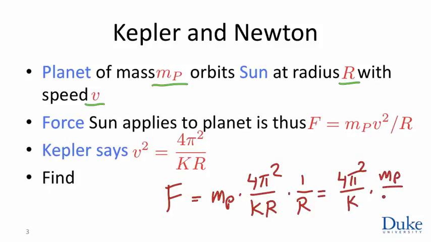Why is this a way to write it? Because the mass of the planet is a property of the planet. R is something that changes between different planets. 4 pi squared over k is the same for all planets.